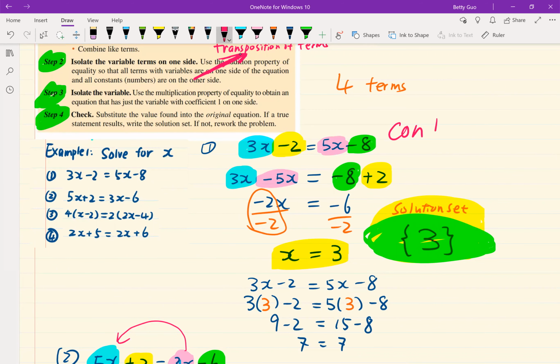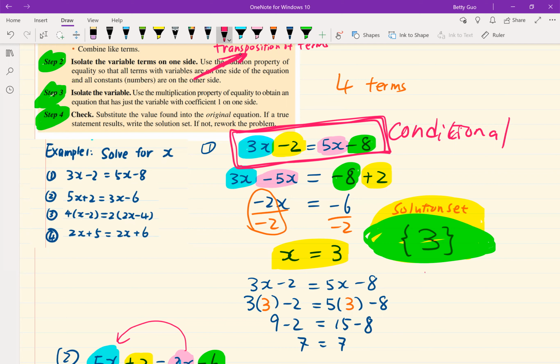Why do we name that kind of equation conditional? Conditional is because this equation is only true, left-hand side equals right-hand side, when x takes the value 3. We say the equation is true only as x equals 3, or under the condition that x equals 3.